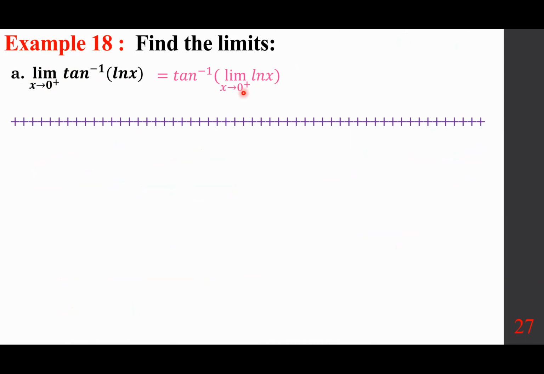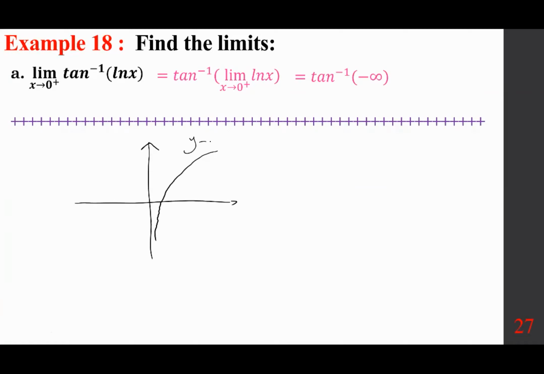So you are going to look at this one, and I hope everybody remembers from the graph, this one is negative infinity. Why is that? Let me quickly remind you. This is the graph of y equals ln x, and therefore this shows why this is negative infinity.